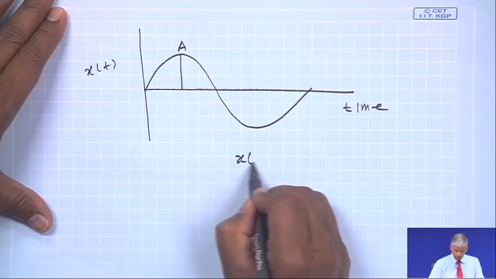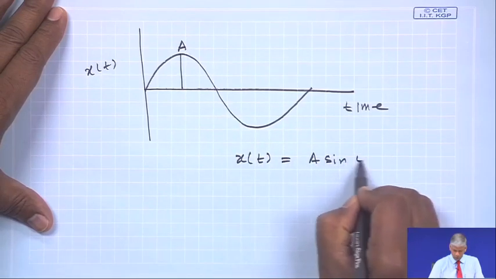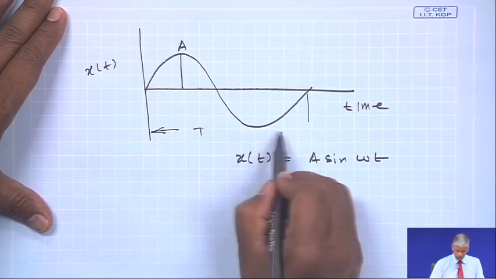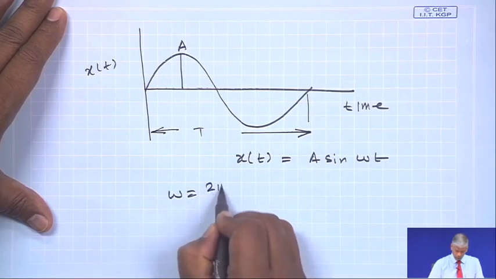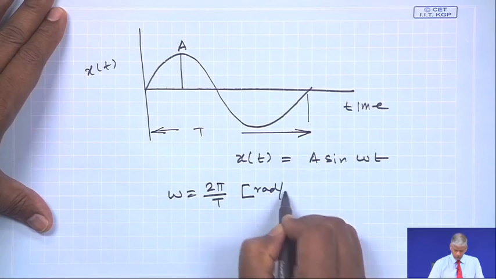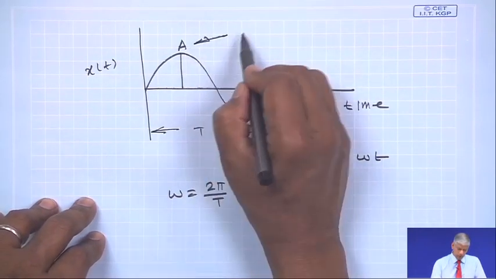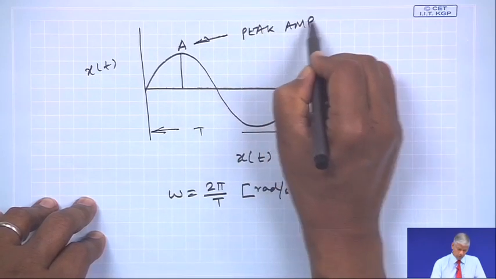So, x t is equal to a sin omega t, where omega is nothing but 2 pi by T, T being the time period. This is in radians per second, and a is the peak amplitude.